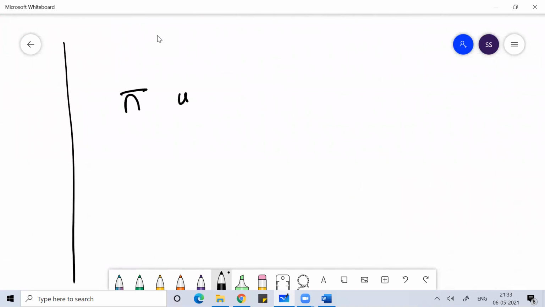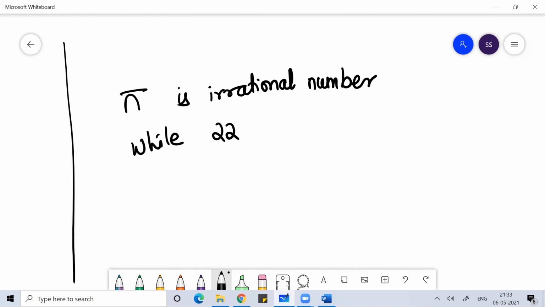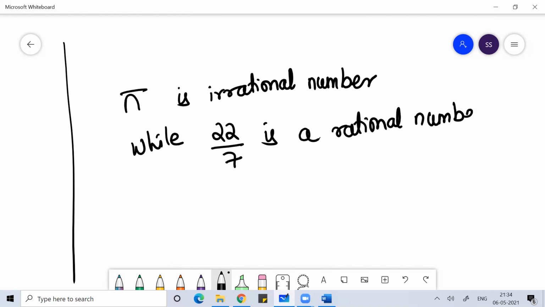You need to understand that pi is an irrational number, while 22 by 7 is a rational number. This is very important. Please do not think pi is 22 by 7.